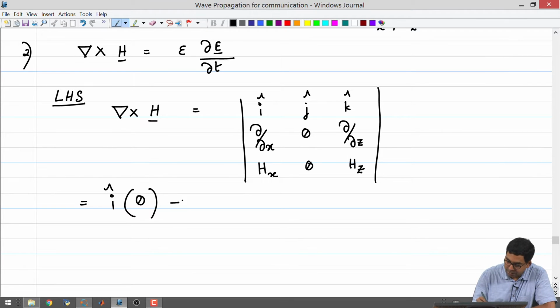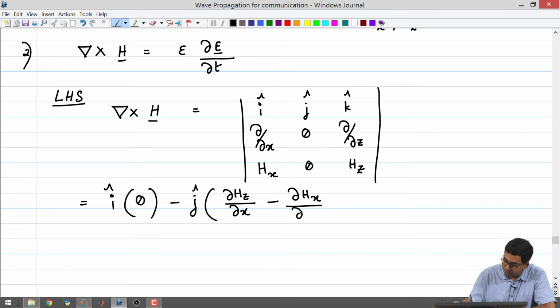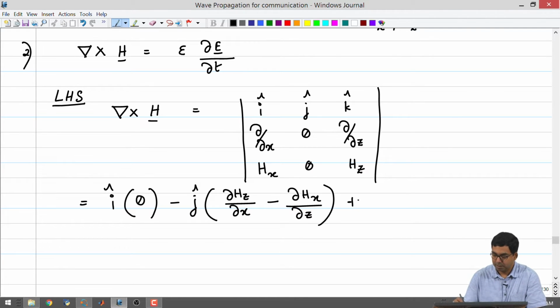Then I have minus j hat times dou Hz by dou x minus dou Hx by dou z, plus k hat times 0. This is my left hand side.